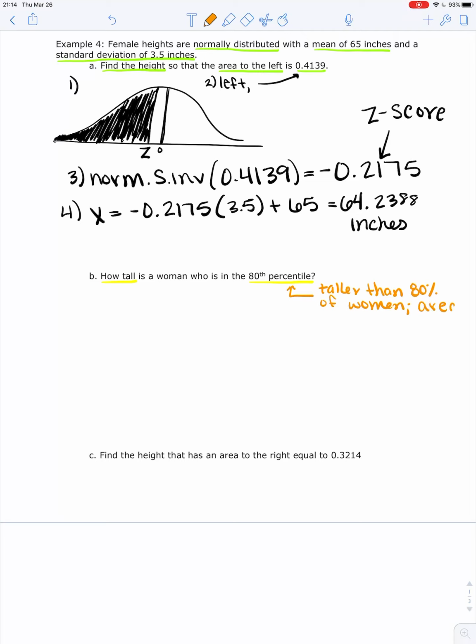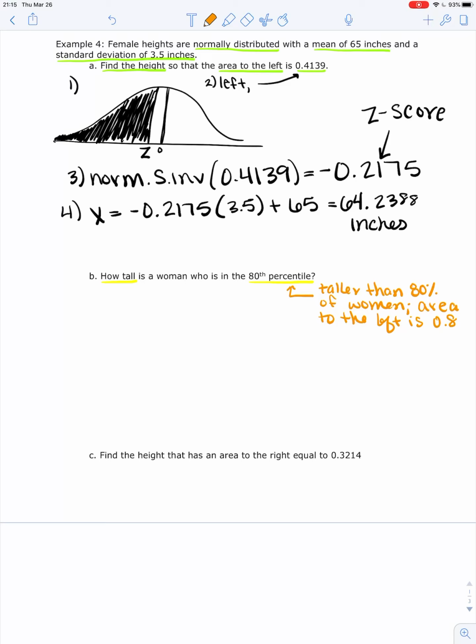Or the area to the left is 0.8. If you're taller than 80% of women, that means 80% of women are less than your height. So the area to the left of you is 0.8.